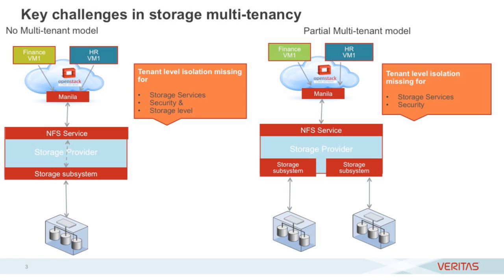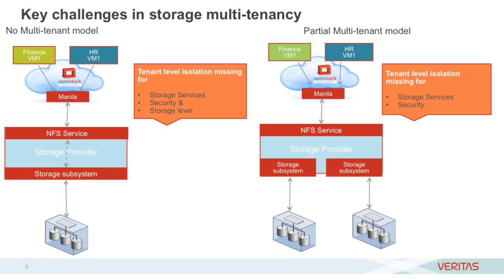Now, even though on the top you see the tenants are isolated, which is OpenStack's premise, on the back end they are not. They are hinged together because the storage is not isolated. That's the challenge, right? If you look at the picture on your right, it's one step ahead.